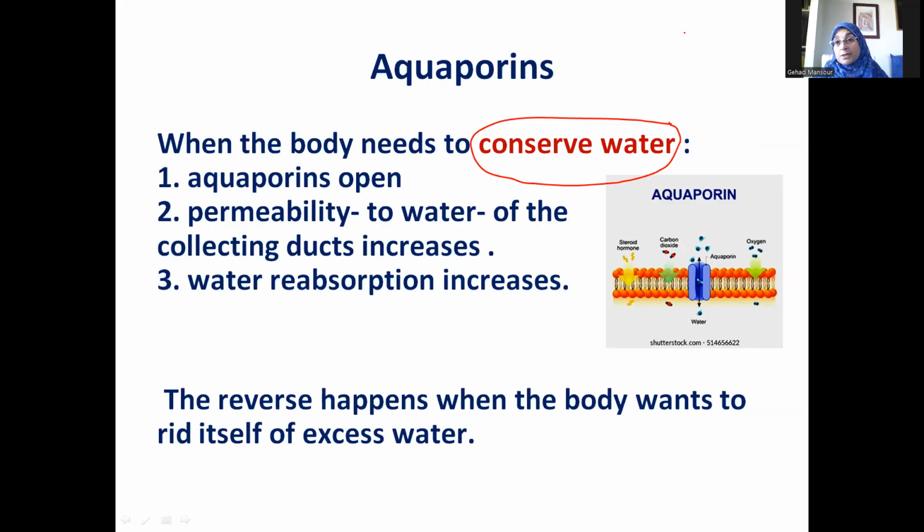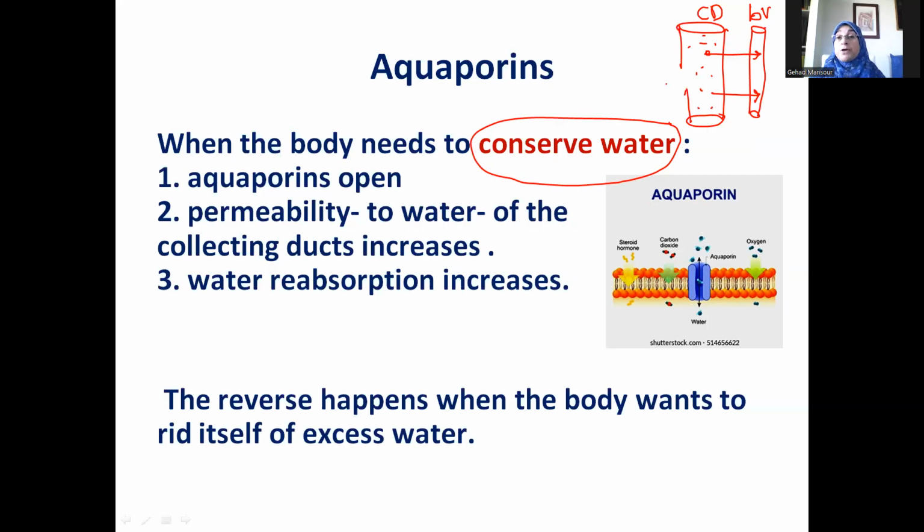So you might be asking yourself, if this is the collecting duct, and this is the blood vessel, isn't water capable of passing by regular osmosis from the inside of the collecting duct to the blood vessel? Isn't the collecting duct able to reabsorb water simply by osmosis? Yes, it is.